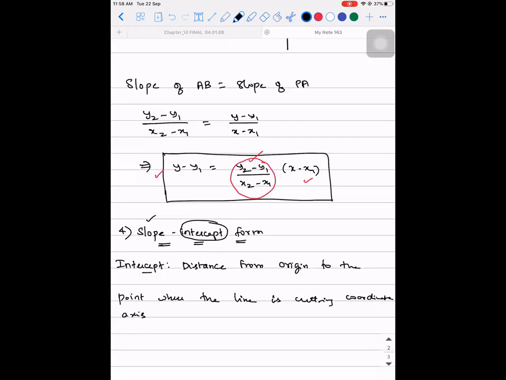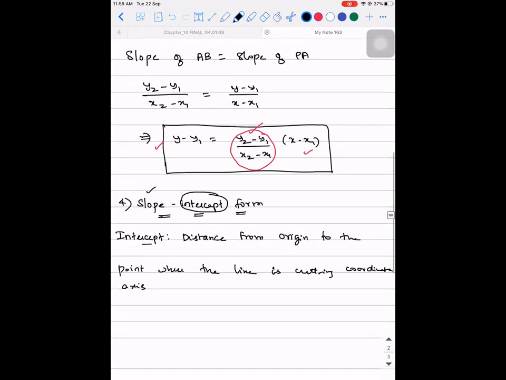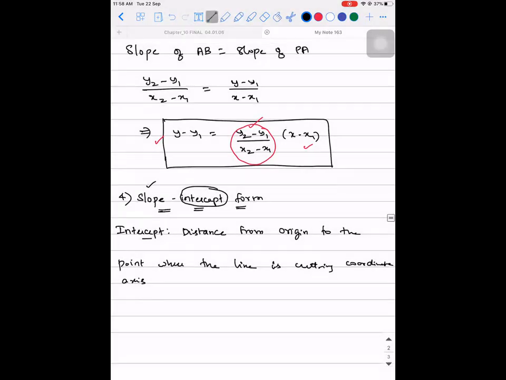So the distance from origin to the point where the line is cutting the coordinate axis. Let me explain what it is. We'll take it like this. You're able to see the line.